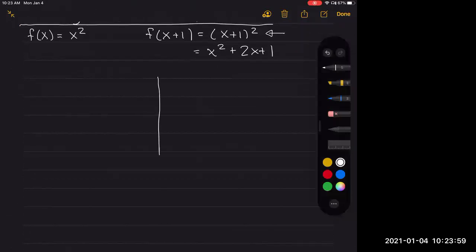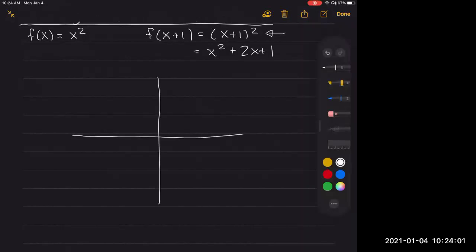So if we draw our graph, it's our 0 point. So what happens when we add 1 internally, we shift it to the left 1. And you might think it's weird that we're adding 1, but now our 0 is at -1. So what this actually does, and a helpful way to remember it, is we need to think about the zeros.